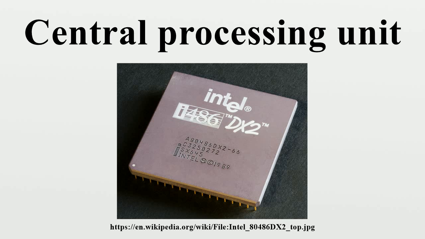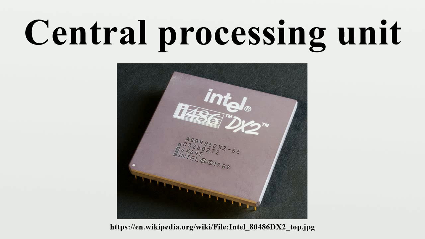After an instruction is fetched, the PC is incremented by the length of the instruction so that it will contain the address of the next instruction in the sequence. Often, the instruction to be fetched must be retrieved from relatively slow memory, causing the CPU to stall while waiting for the instruction to be returned. This issue is largely addressed in modern processors by caches and pipeline architectures.